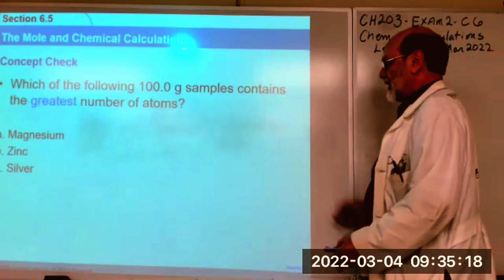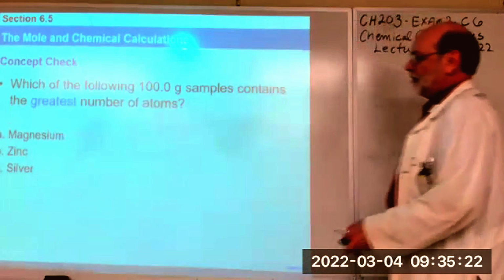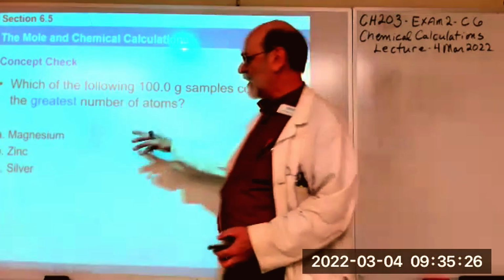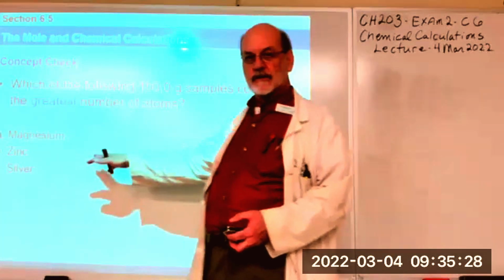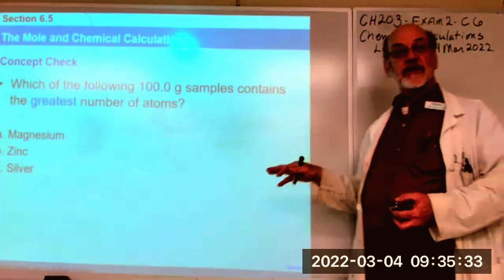Now, as is my trend, we get more complicated as we move along. If we have 100-gram samples of each of these elements, magnesium, zinc, and silver, which one contains the greatest number of atoms?